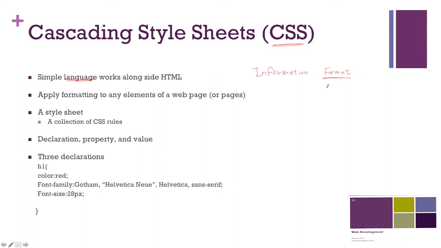However, in HTML, they actually try to separate it. In HTML, information is delivered by the HTML page, but most of the format is delivered by CSS. So what does CSS do? It applies formatting to any element of a web page or pages.